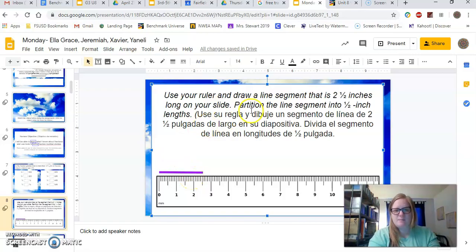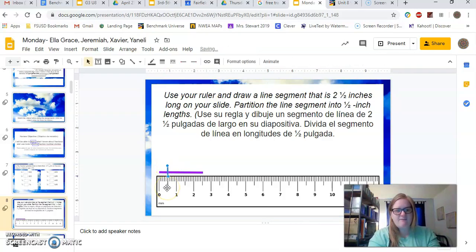Now it says I need to partition the line segment into 1/2 inch lengths. So I'm going to continue to use my line tool and go to the 1/2 inch mark. So this is 0, this is 1, so this is a 1/2, and this is where I'm going to mark that. Now, the next 1/2 inch mark is actually the 1, right? Because this is 0, then this is a 1/2, and this is another 1/2. Just because it lines up on the 1 doesn't mean anything.